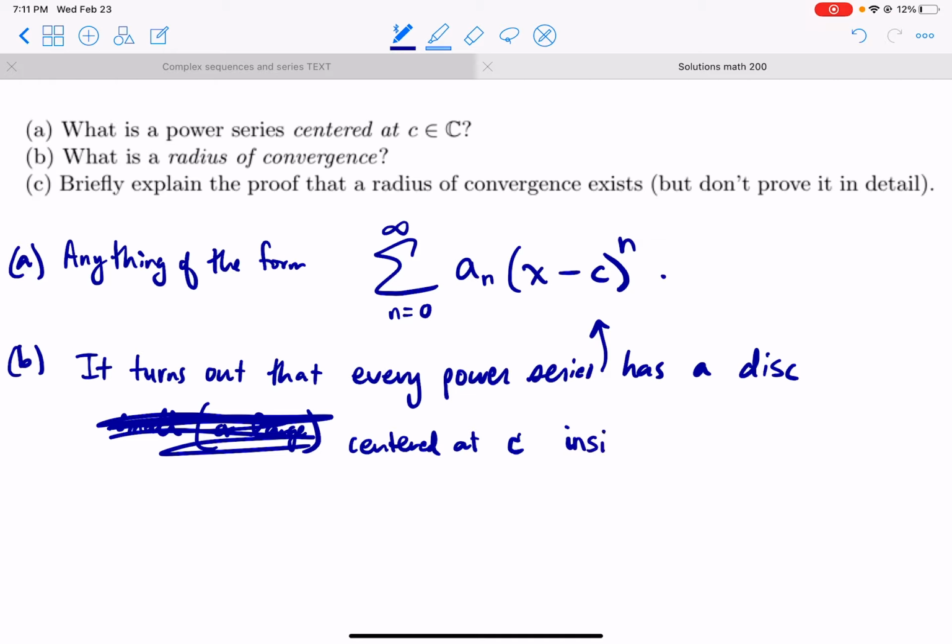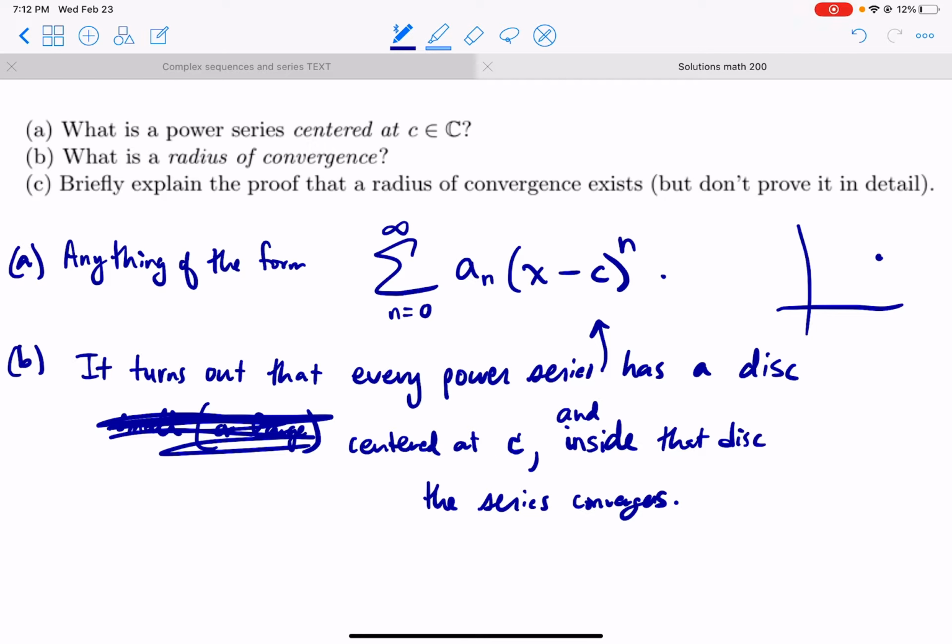And inside that disk, the series converges. In other words, if you plug in x to be any number that's inside that certain disk around the point C of some radius, usually called capital R, the radius of convergence, then it'll converge.